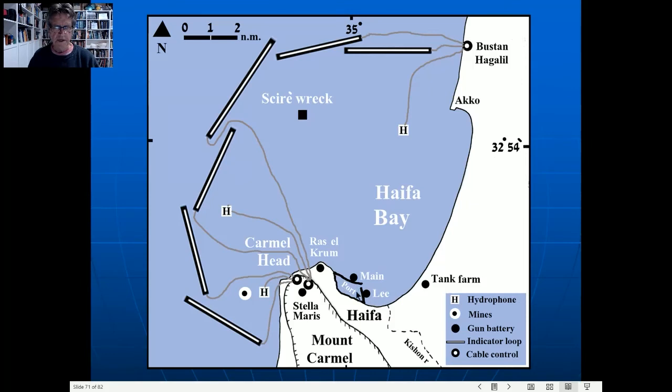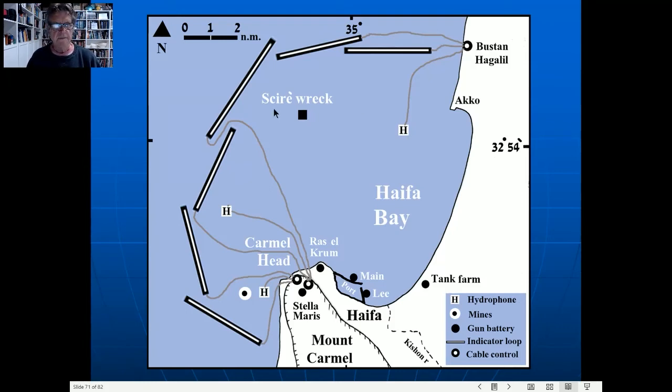Here's the port down here at the bottom, and the loop control huts were in 2 places, some down here controlling these bottom loops, and then there's another one up here controlling the couple of loops up here. Now there was H, that's for a hydrophone, which was like an acoustic detector underwater.